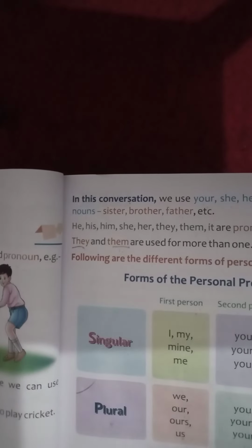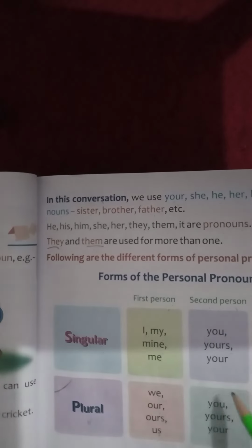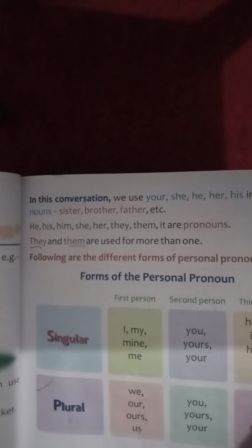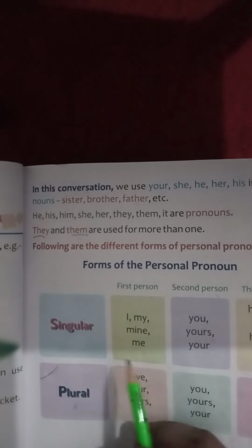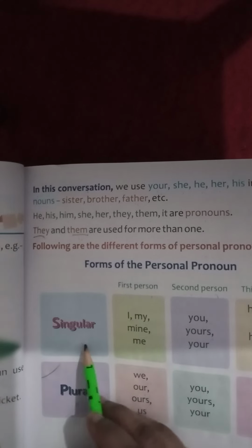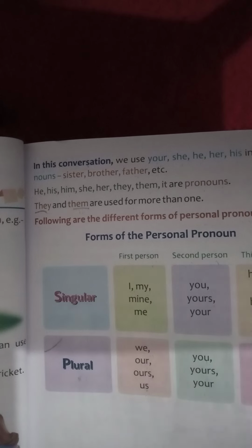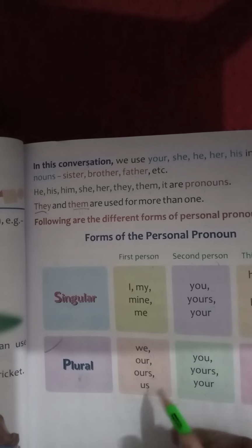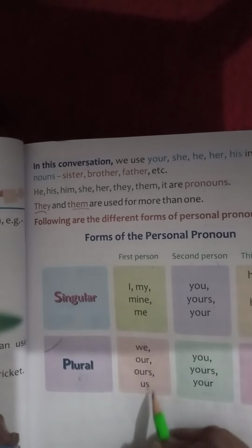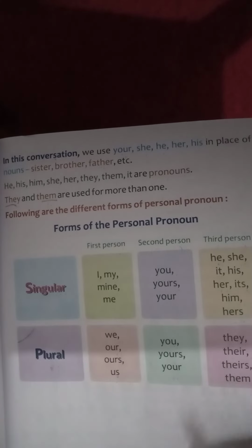Pronouns are I, my, mine, me, you, yours, he, she, it, his, her, its, him, hers, that are called pronouns in the singular form. We use pronouns in the plural form also, like we, our, us, you, yours, your, they, their, theirs, and them.